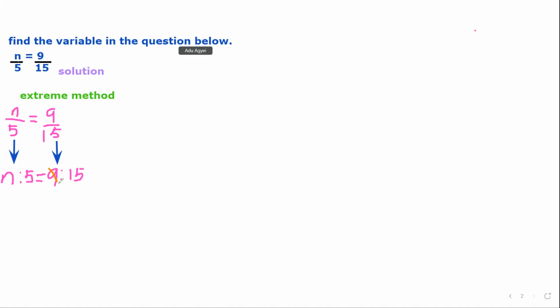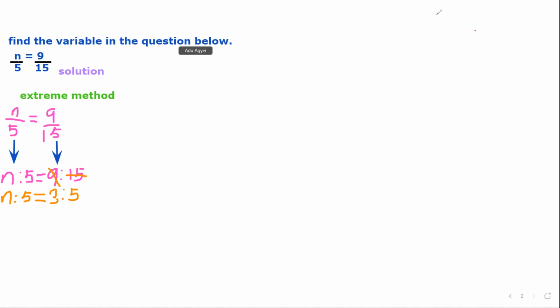So the 15 and 9, 3 goes here, 3, 2. Then 3 goes here, 5. Okay, which is equal to the n to 5. Okay, we have reduced the ratio of 9 to 15 to 3 to 5.